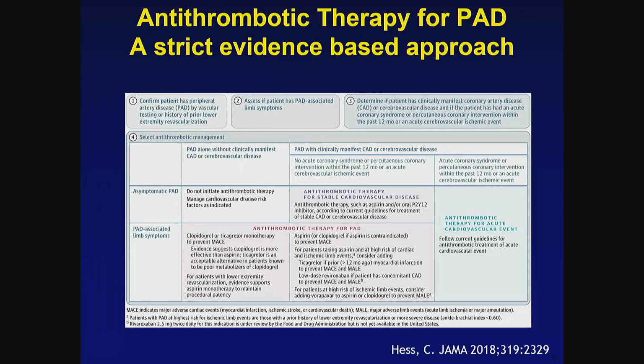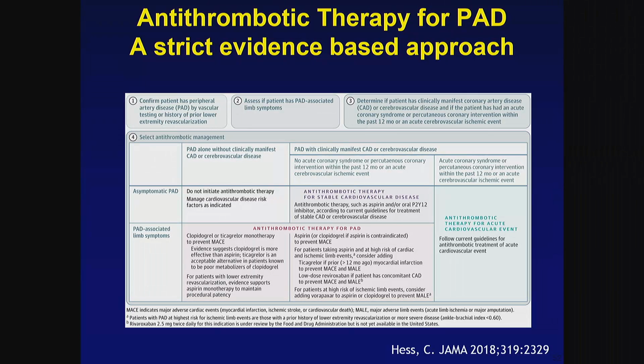And so using some of these studies to very rigorously apply that data to patients with peripheral artery disease, we can use the algorithm described recently by Bhatt and Hess and published earlier this year in JAMA.